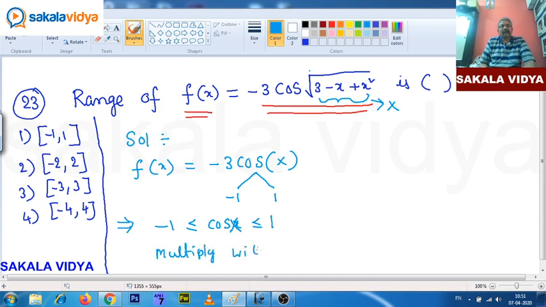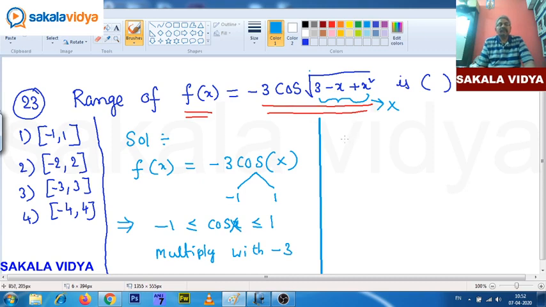Multiply with minus 3. So then what do you get now? Very interesting. When you multiply with a negative sign, the inequality symbol changes, you must remember.